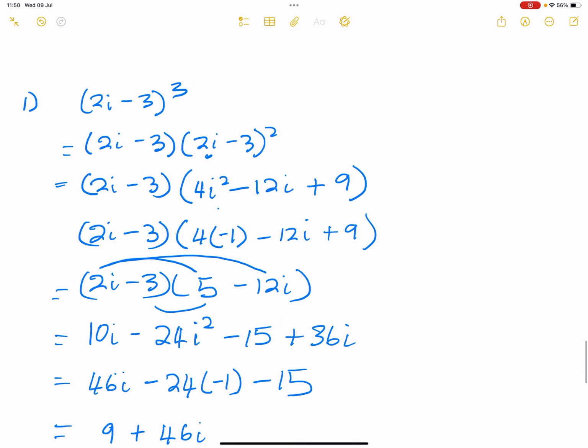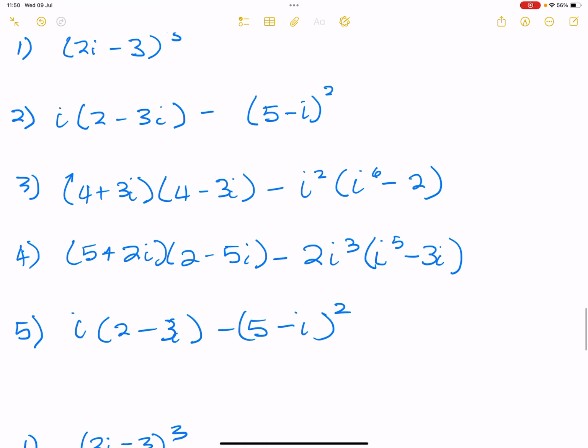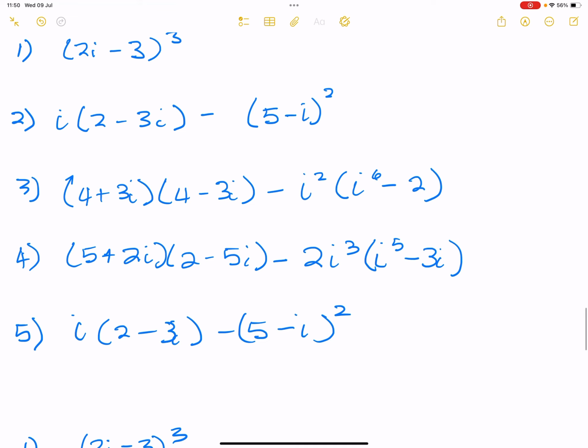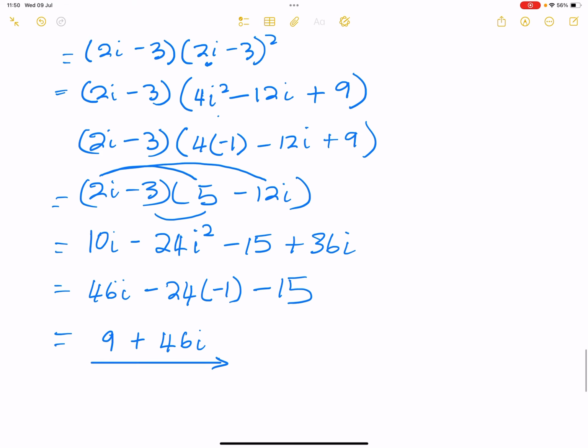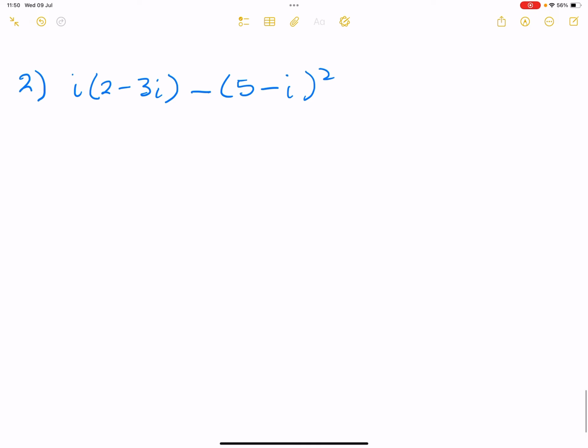Now, ladies and gents, we are simply going to be following the BODMAS rule there. Actually, I repeated the same exercise twice. Not sure why I did that, but anyway.